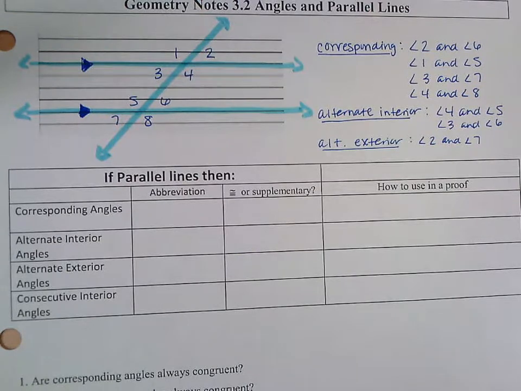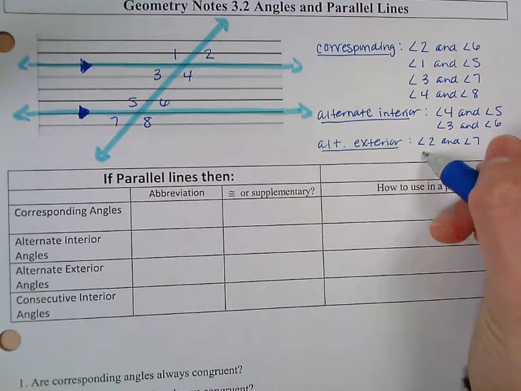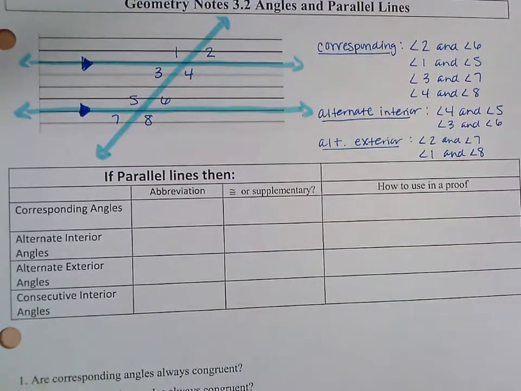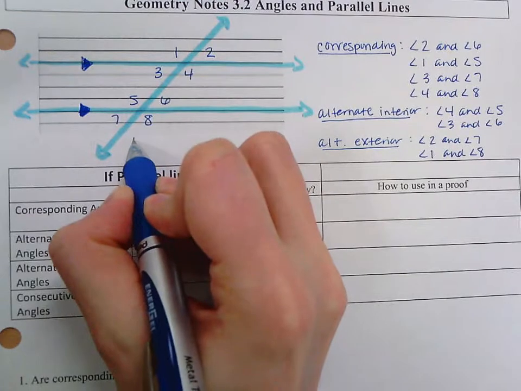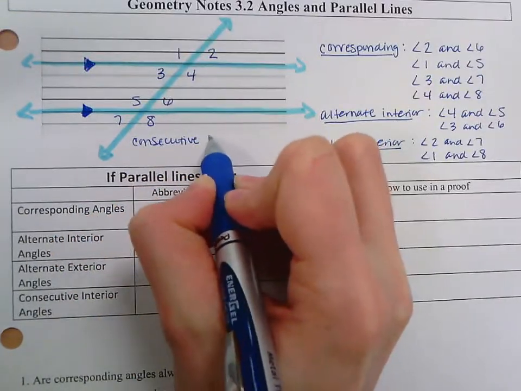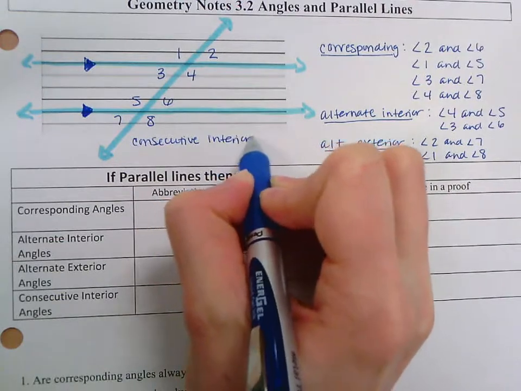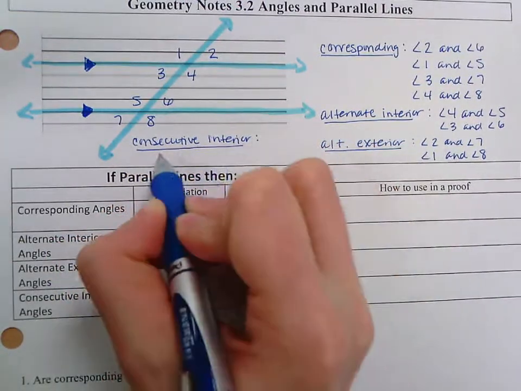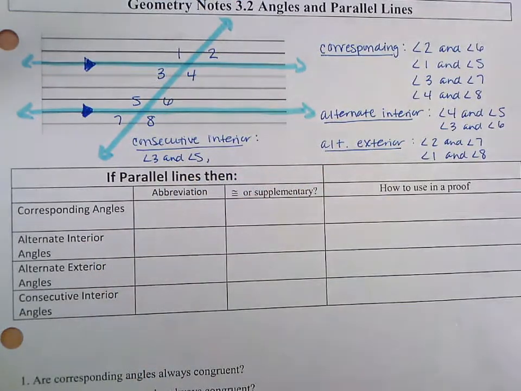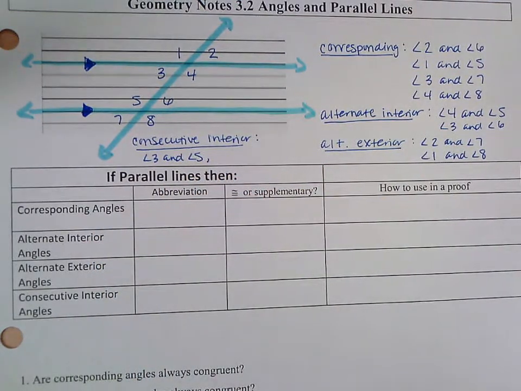Also, what other 2? 1 and 8. And then I'll write this over here. What about consecutive interior? 3 and 5 are consecutive interior. And then what's the other pair? 4 and 6.